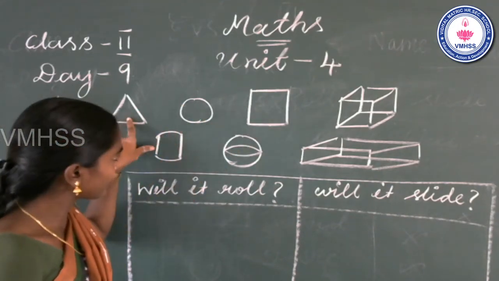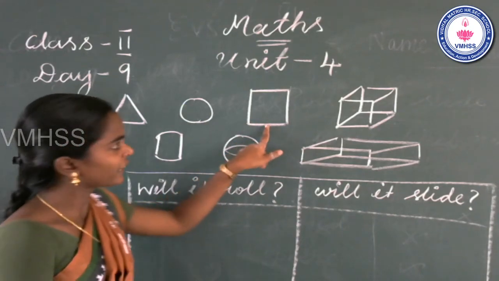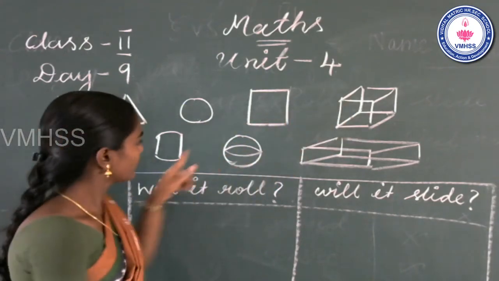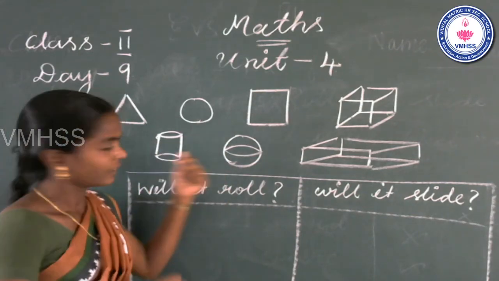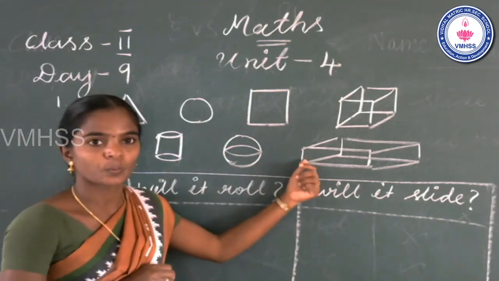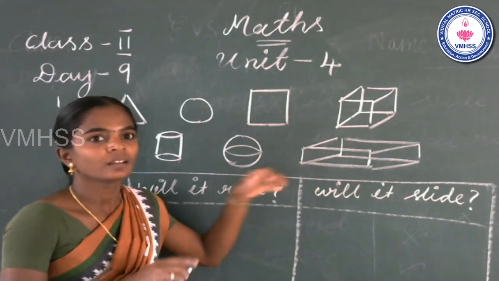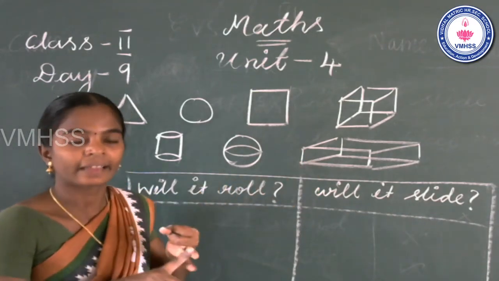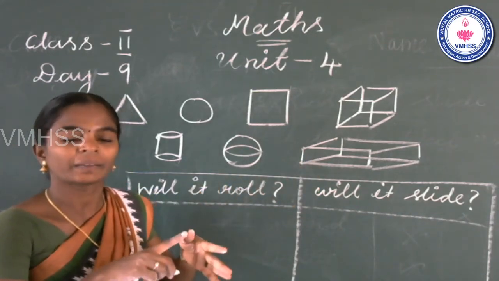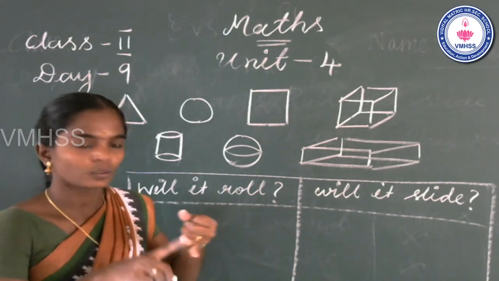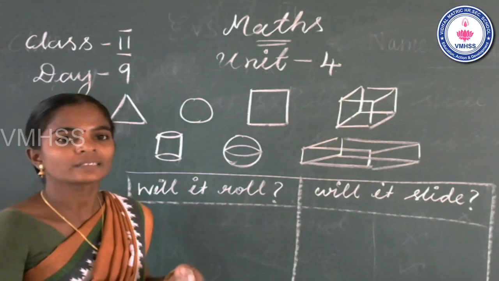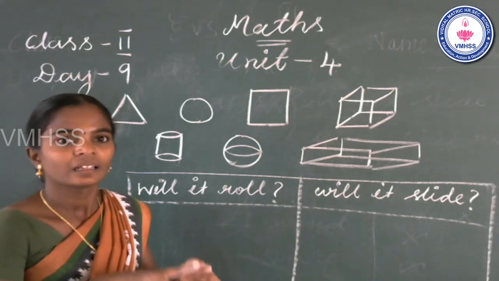So triangle, circle, square, cube, this shape cylinder, sphere, cuboid. Children, square, rectangle, triangle, circle, pentagon and hexagon are 2D shapes. Cube, cuboid, cone, cylinder and sphere are 3D shapes.